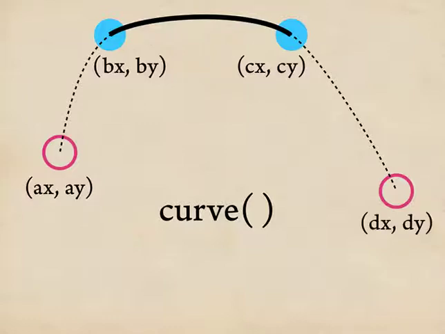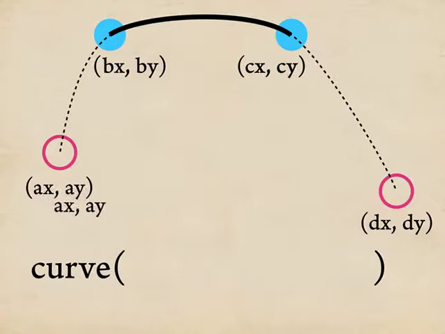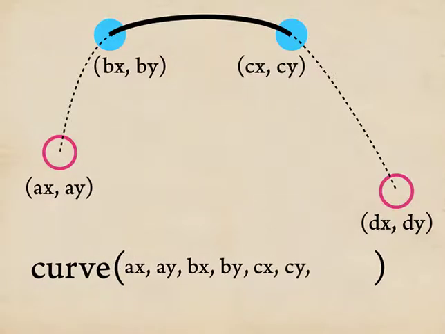To draw that little curved segment between the 2 blue points, we call curve with the coordinates of point A, followed by point B, followed by point C, followed by point D. These 8 numbers, when you hand them to curve, cause Processing to draw that little bit between the middle 2 points. So this is great.